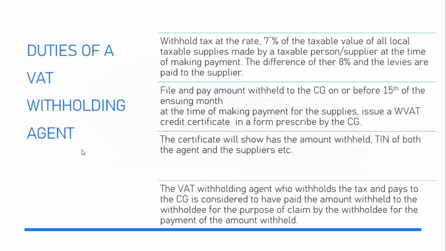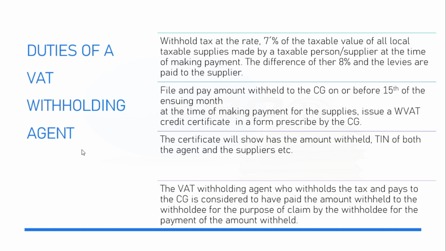You have the amount supplied, the invoice amount, the invoice number. The certificate itself is serialized, so it has a serial number. You get it there, the date of supply, the period of payment, and then the period of supply, and then the date of payment, and then you have the withholder's name information there.